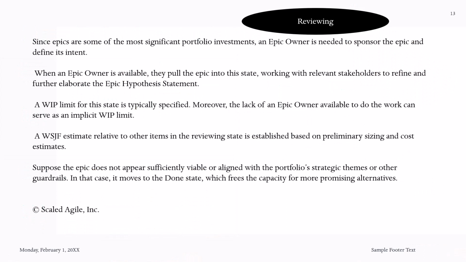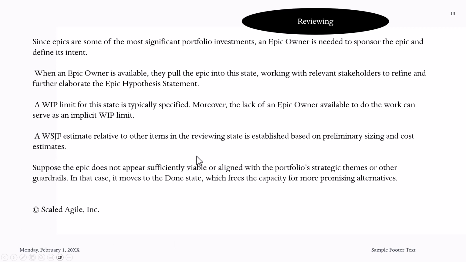So reviewing, as we just discussed in a Kanban process, this is where we refine our understanding of an epic. We create the epic hypothesis statement, and there are preliminary cost estimates and WSJF. Here we also pull in the epic owner when available.